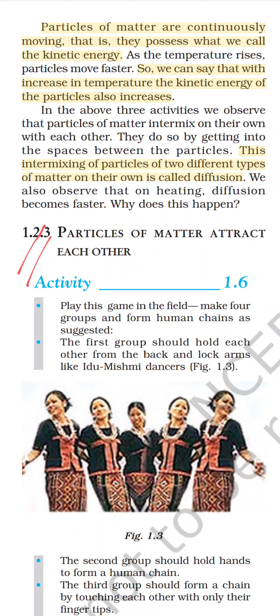In the above 3 activities, we observe that particles of a matter intermix on their own with each other. They do so by getting into the spaces between the particles. This intermixing of particles of 2 different types of matter on their own is called diffusion.